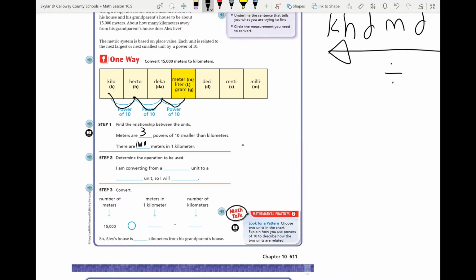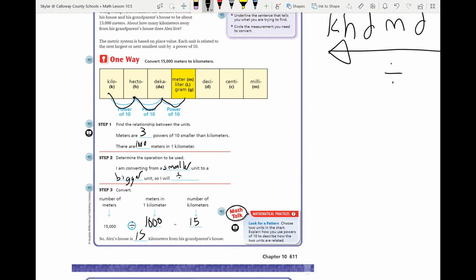Since you're converting from a smaller unit to a bigger unit, you will divide. Because we're moving to the left, we divide. There were 3 powers of 10, so 1,000. And that will give you 15. So that means that Alex's house is 15 kilometers away from his grandparents' house.